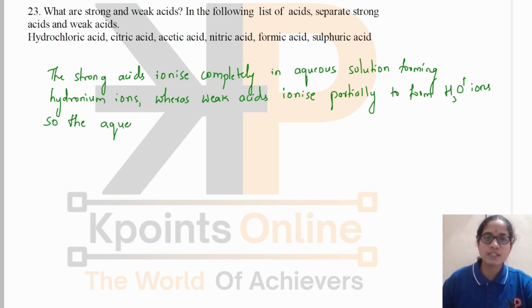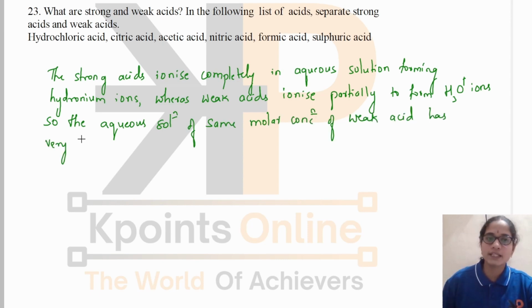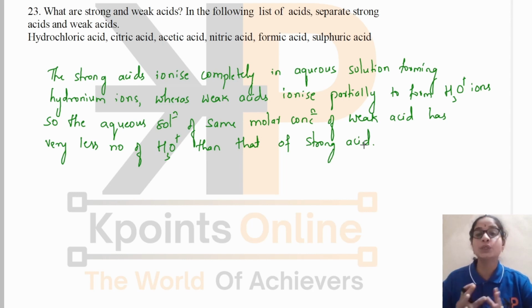So the aqueous solution of same molar concentration of weak acid has very less number of hydronium ions than that of strong acid. Suppose I have taken the same molar concentration of the two acids, that is weak acid and strong acid. In strong acids, what happens?